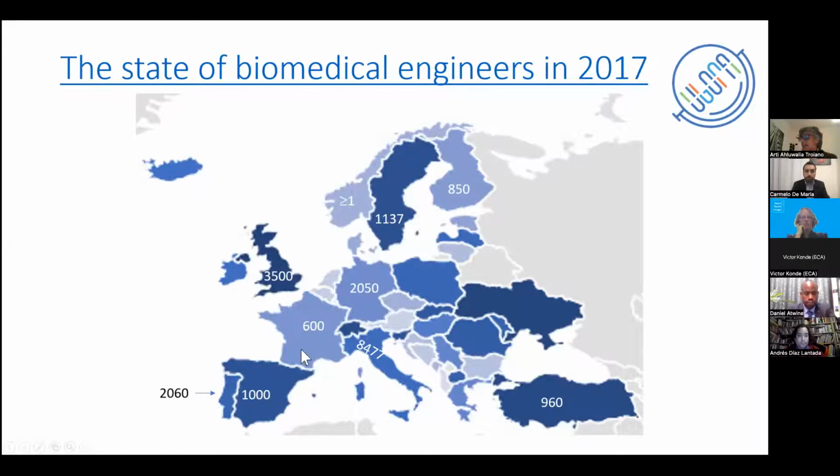And these are the data that came back from Europe. The country with the largest number of biomedical engineers is Italy, with 8,477. And if you look across here, you can see that many of the countries have very, very few. This light blue color means that the countries reported about one biomedical engineer in the country.